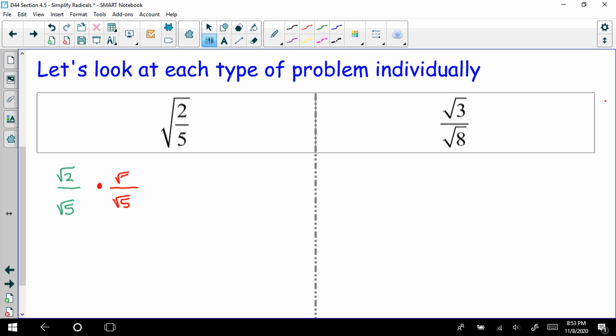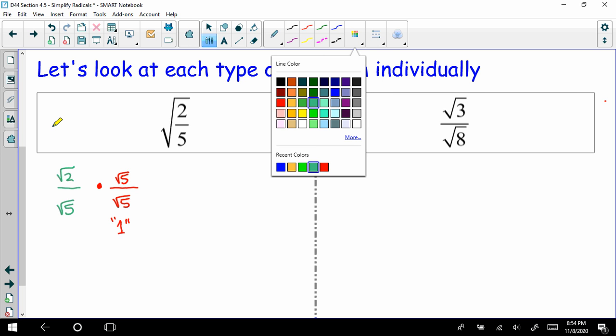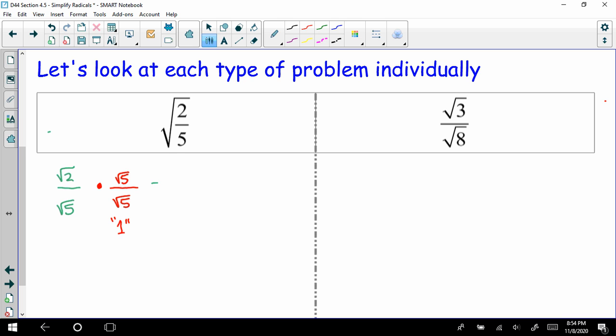And I make sure in my ratio that's in red, I use it in the numerator as well as the denominator, because technically this means the number 1. And if you multiply 1 by anything, you don't change the value. And that's why we're doing it this way. Now, it does create a cosmetic change, meaning things look different. But because we know we're only multiplying by 1, they have to be equivalent.